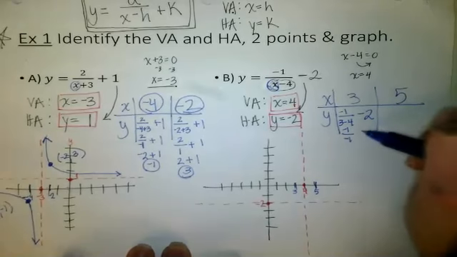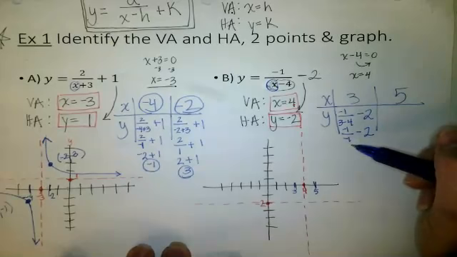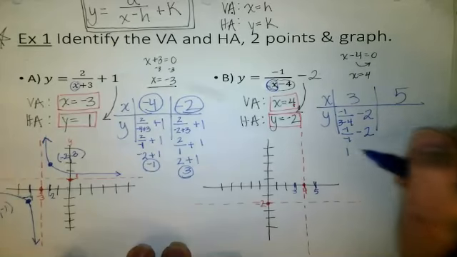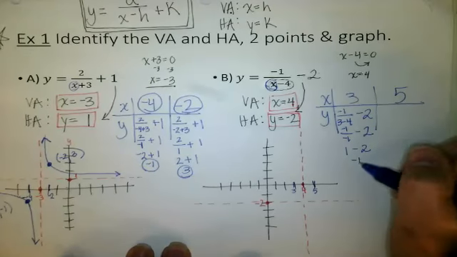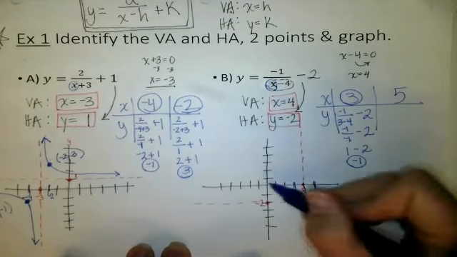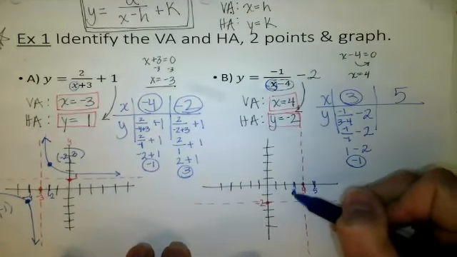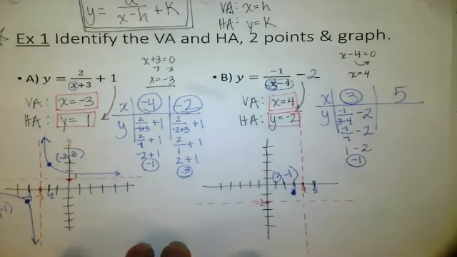Oh, that's right. Okay. What's -1 over -1? 1. And 1 minus 2? -1. So we have the ordered pair 3, -1. 3, -1 is right here. I'm going to label it 3, -1.